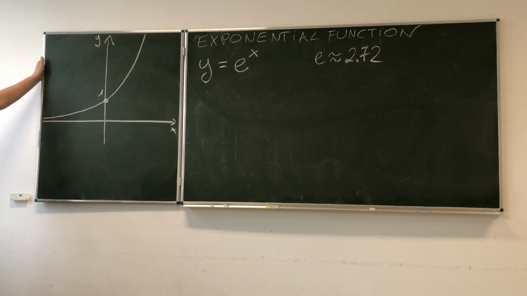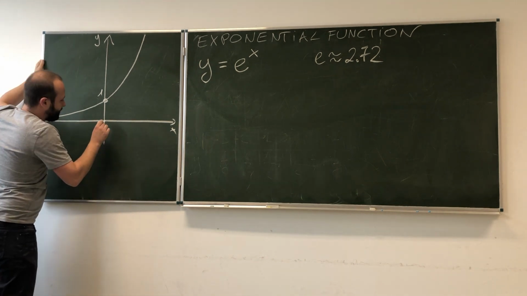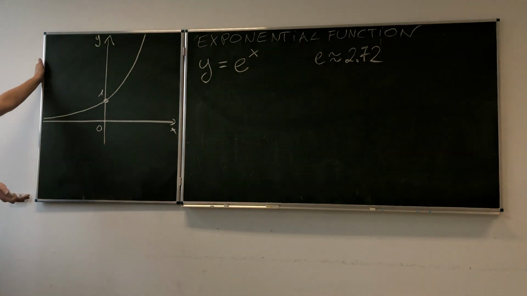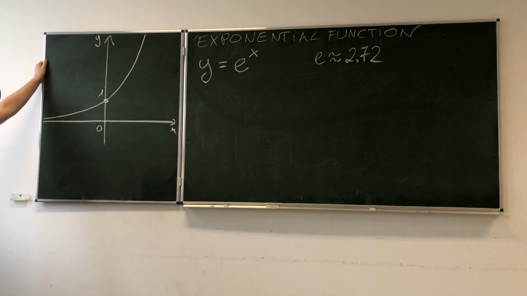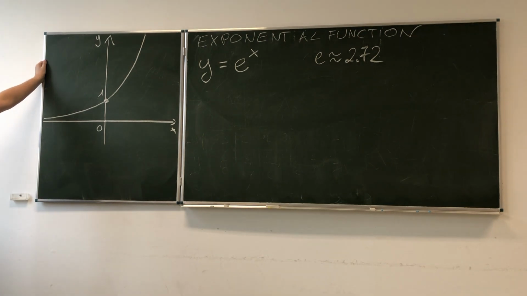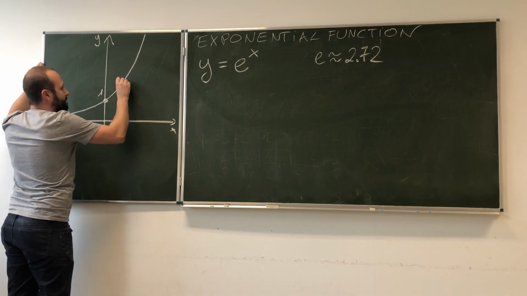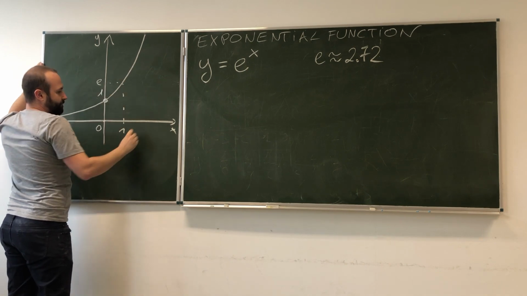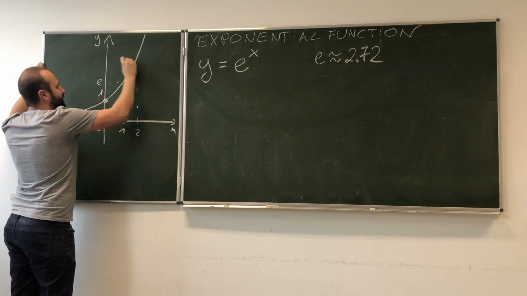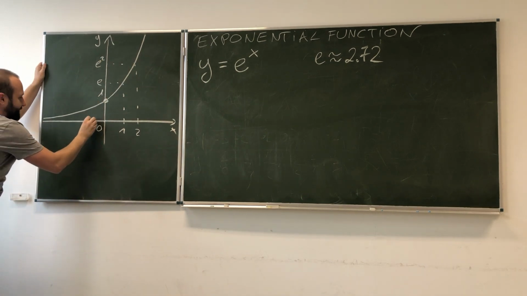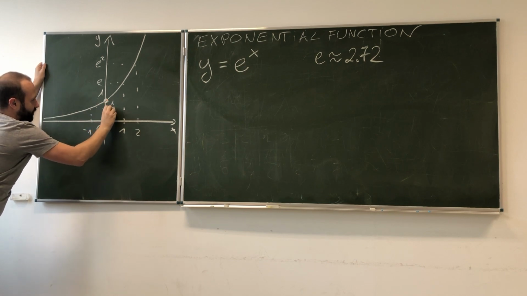What values are we getting? Still, if x is 0, y is 1, because any number taken to the power of 0 is 1. We have just problems with 0, but this is the thing we discussed. Now, what if x is equal to 1? Well, y is equal to e. If x is equal to 2, y is equal to e squared. If x is equal to -1, y is equal to 1 over e.